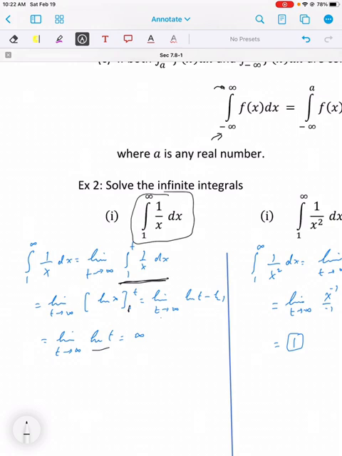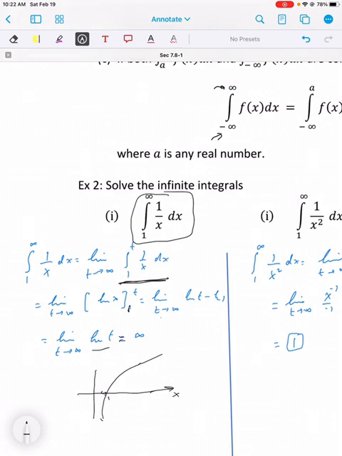When you look at 1 over x squared, we have to integrate from 1 to infinity, so we write it as the limit as t goes to infinity of the integral from 1 to t of 1 over x squared dx. Now the integral of 1 over x squared is negative x to the negative 1.